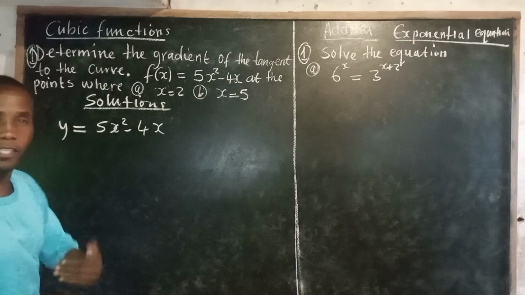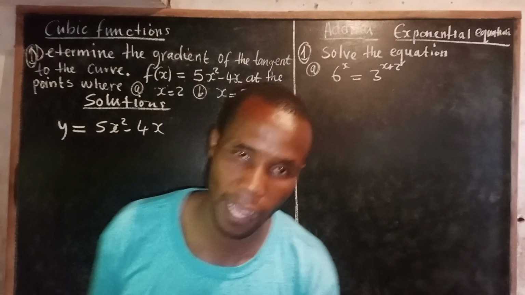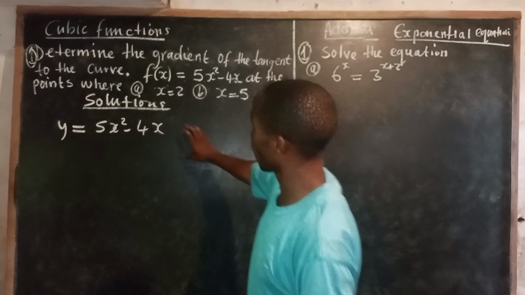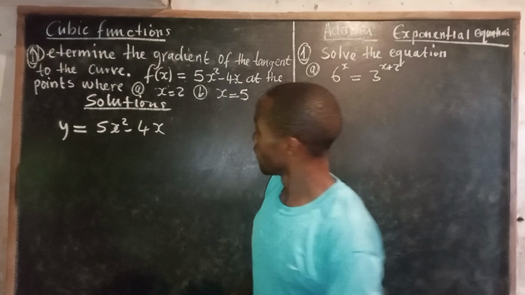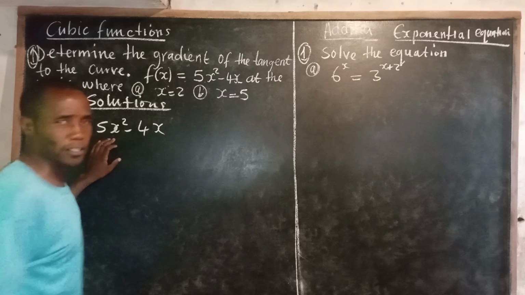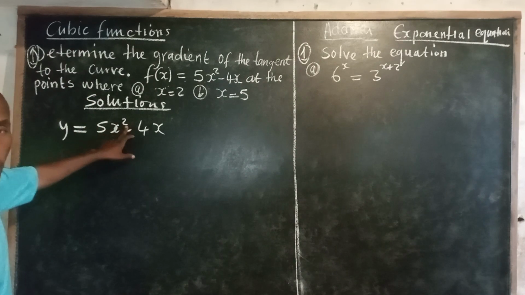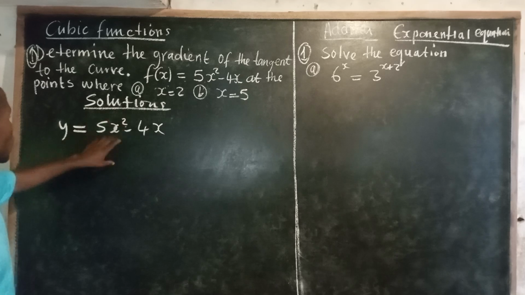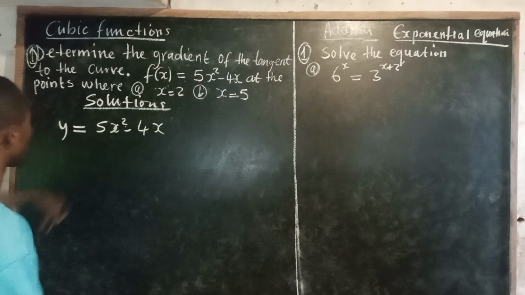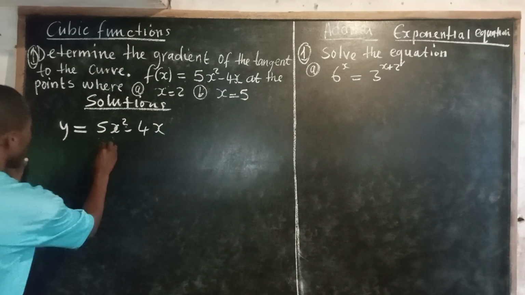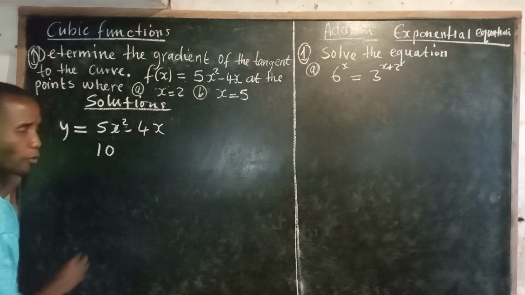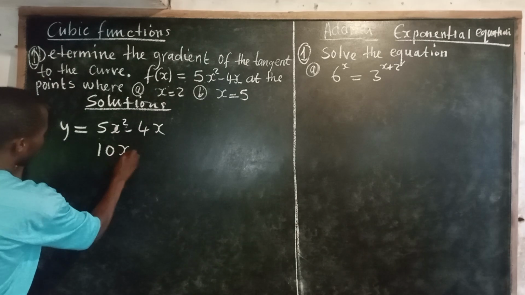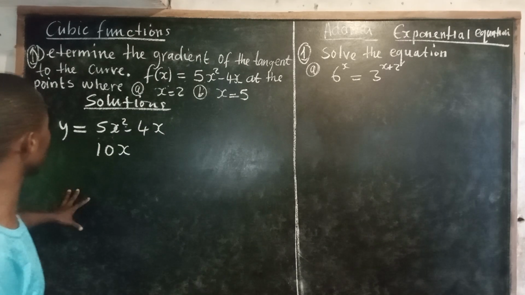So how do we differentiate? You have ideas now because I taught you how to go about that. Today it is just a direct one. We multiply the power, 2, by the coefficient of this term. The coefficient here is 5, so 2 times 5 is 10. Then you write the variable, which is x in this case.